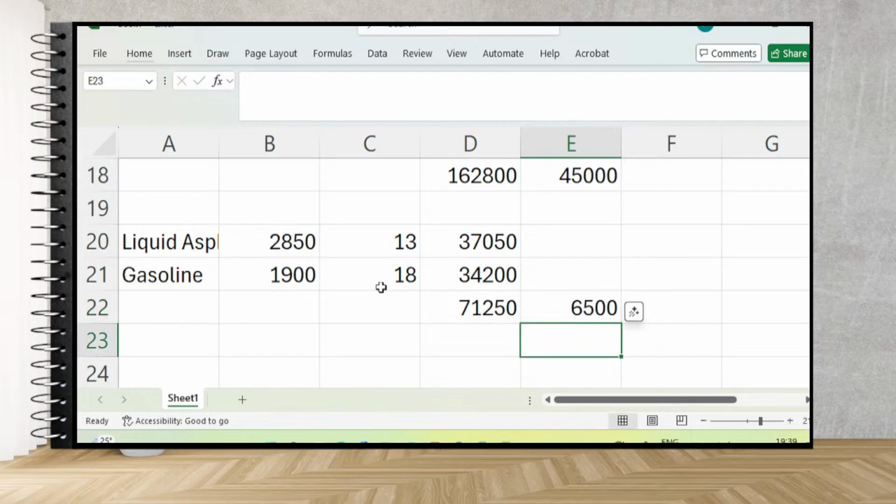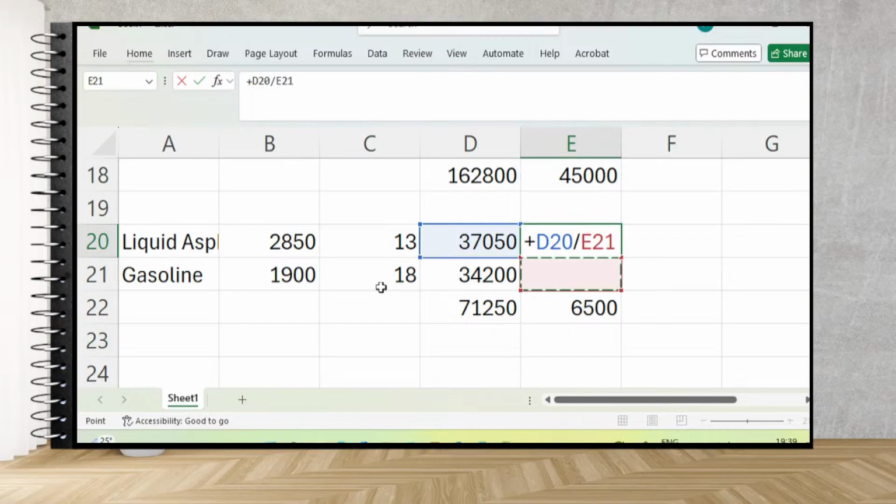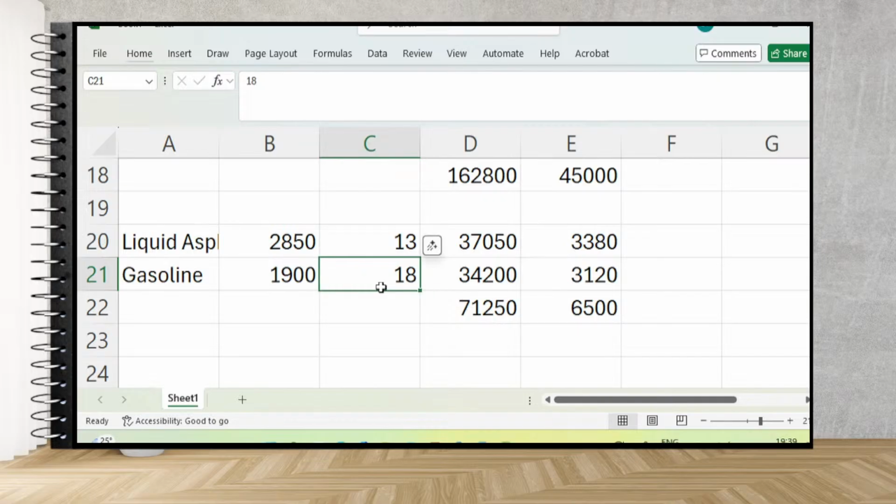In the same way, this divided by this multiplied by this one, 3,380, again this divided by this multiplied by this one, so it is 3,120. So that is my joint cost allocation. Here I am aware at the split-off point of what value I can sell, so I can use that sell value as a basis.